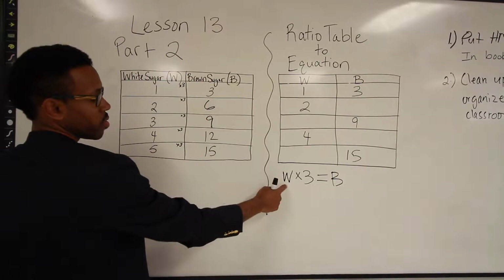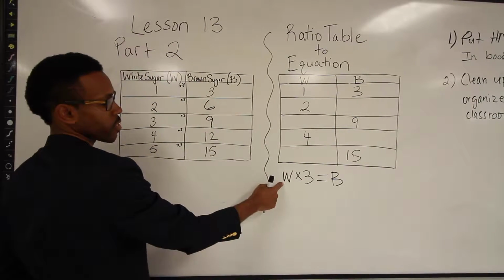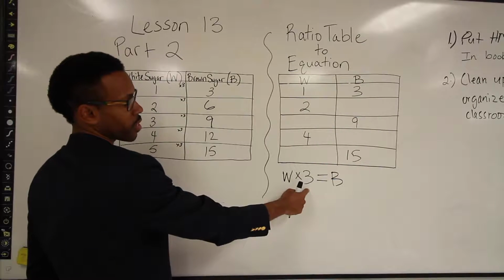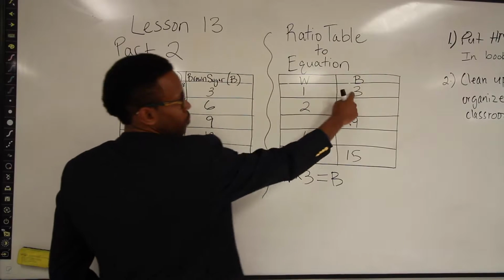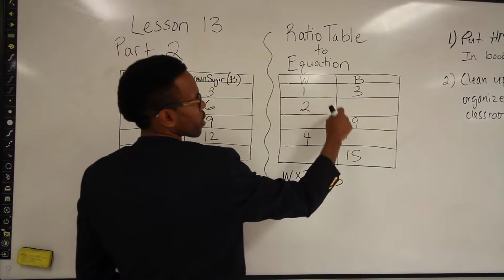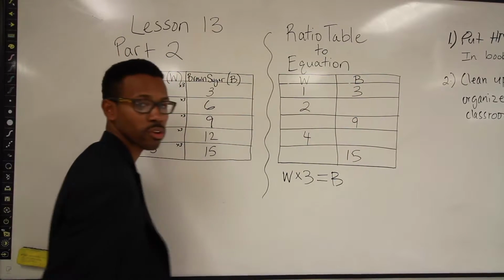So if I know W, white sugar, I multiply that by 3, and that gives me the cups of brown sugar I need.